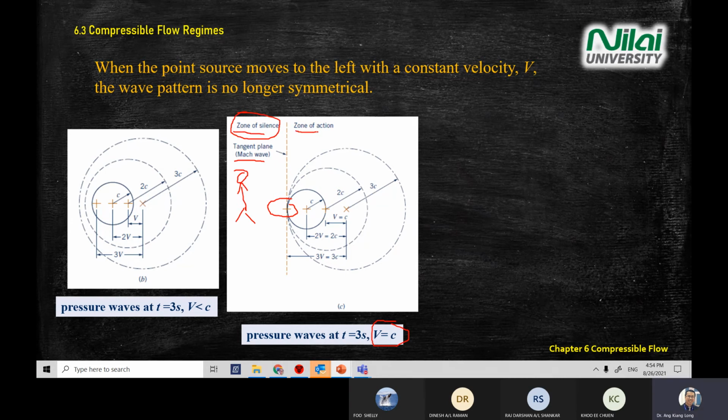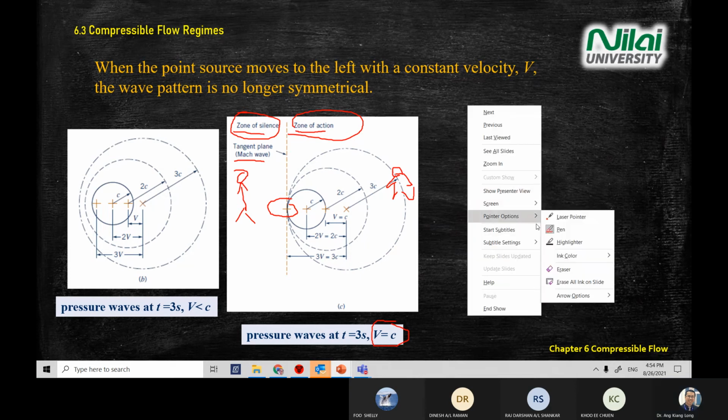However, if you're standing in the zone of action, if you stand here, you will hear the sound after 3 seconds. After 3 seconds, the sound is made at this location. Okay, so there are two zones when your speed of sound equals your velocity. You'll get a zone of silence and a zone of action with the tangent plane.